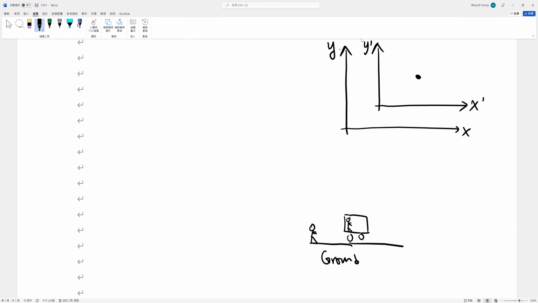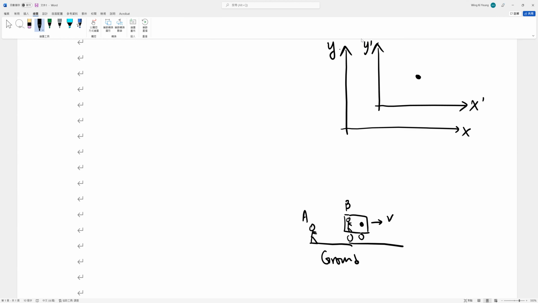Maybe you're observing another object inside the car or outside the car. It doesn't matter whether the object is inside or outside the car. Let's say the car is moving. If this object is moving together with this car, then man A will describe that this object is moving at velocity v.